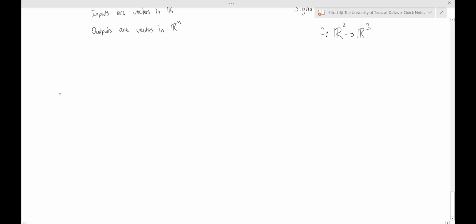Now let's suppose that we have an m by n matrix A. Then we can define a function T of x equals A times x.